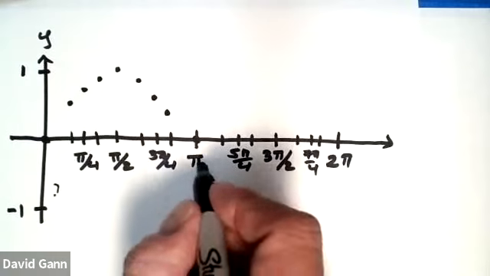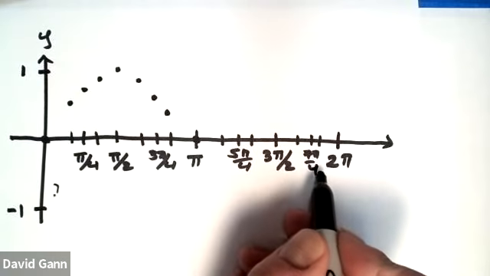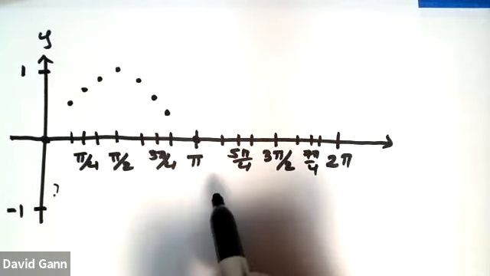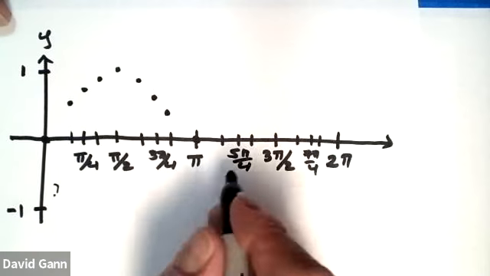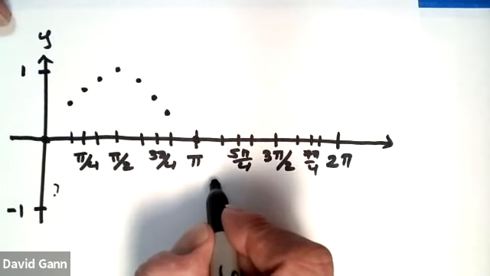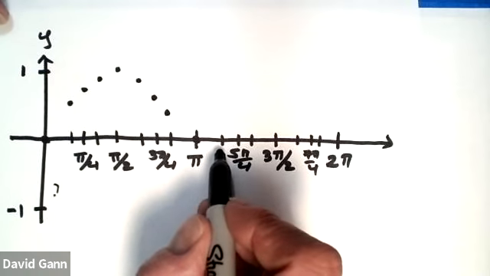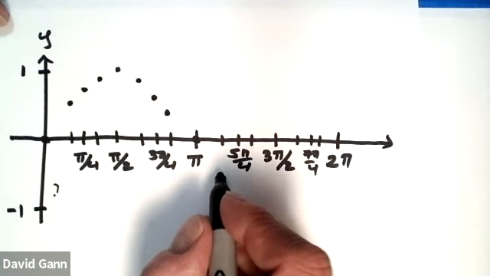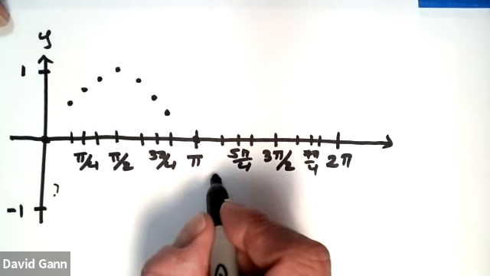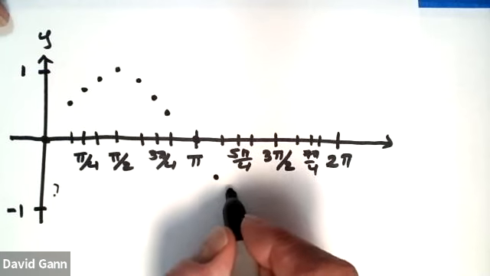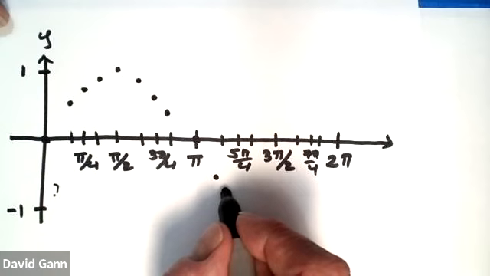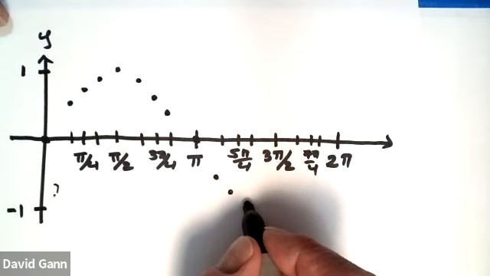So going the other way, remember when we move into quadrant 3 and 4, we have just the reversed values, negative. So here we have 7 pi over 6, which has a value of negative 1/2. Then our next unit is negative 0.71, negative 0.87.